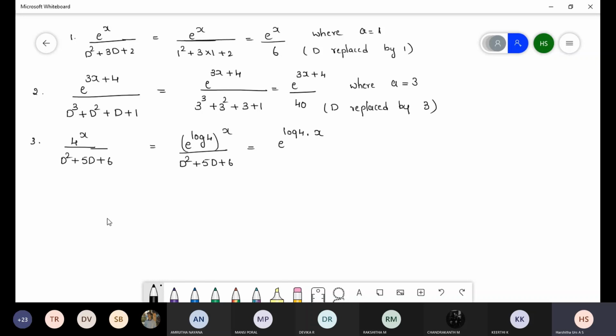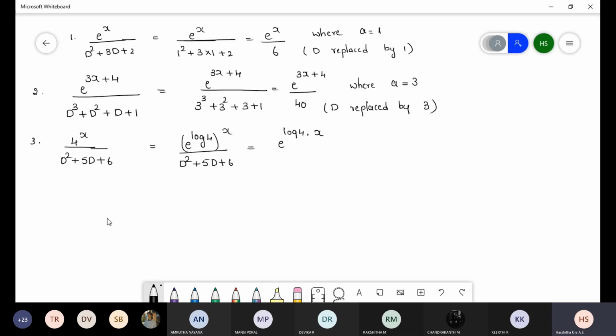Because it is in the form log of m power n, it will become multiplication. 2 square whole square: 2 square means 4, again 4 square means 16.